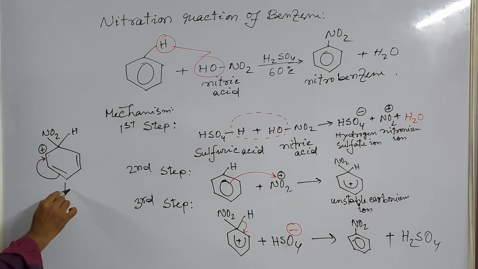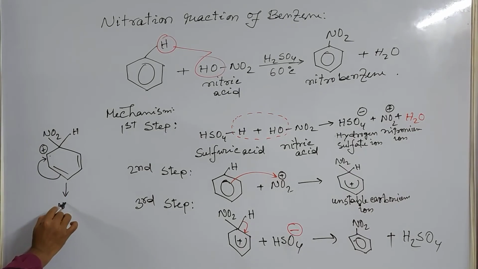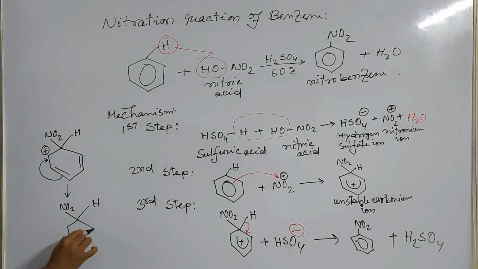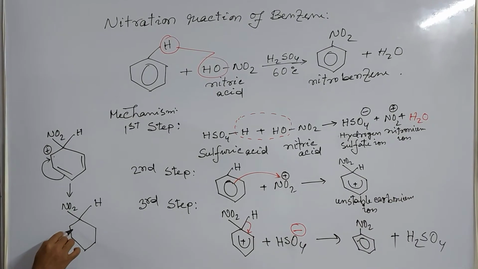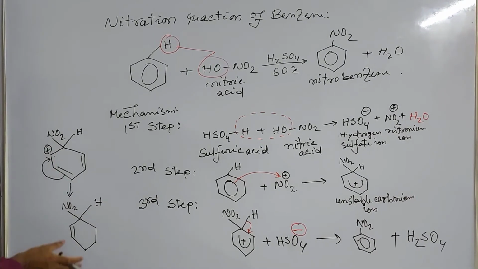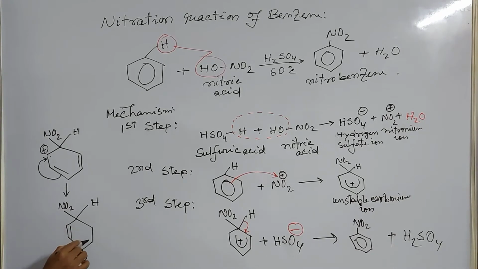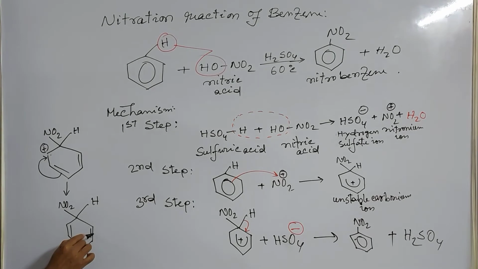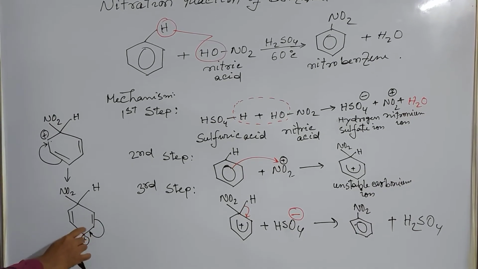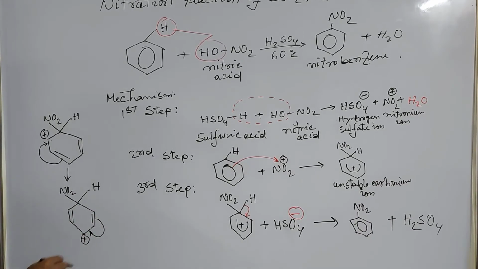As a result, the positive charge moves to the para position. And in that case, the double bond will be between carbon 2 and 3, and the positive charge will be on carbon 4, and again the bond pair electron comes to the middle point of carbon 3 and 4 here.